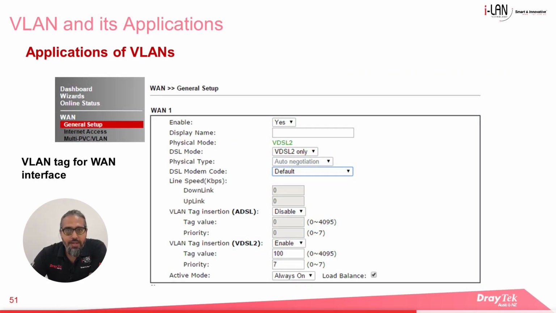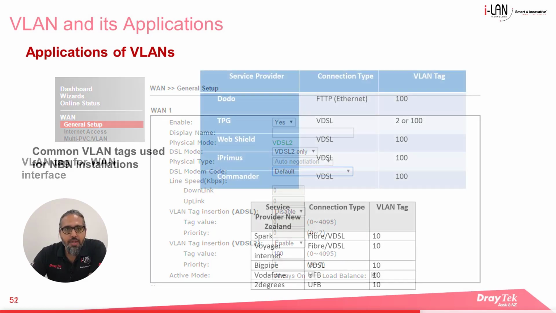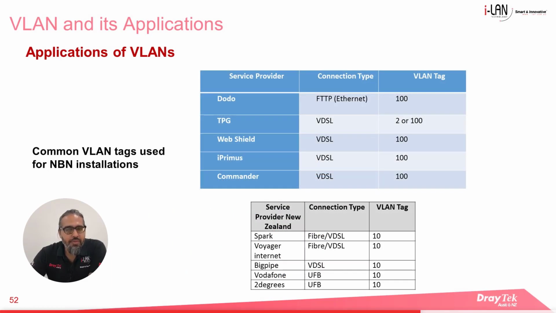Another example where VLANs are used is in adding a VLAN tag for the WAN connection. This is set up in the WAN General Setup configuration menu in DreOS routers. Some NBN service providers use VLAN tagging for WAN connections.